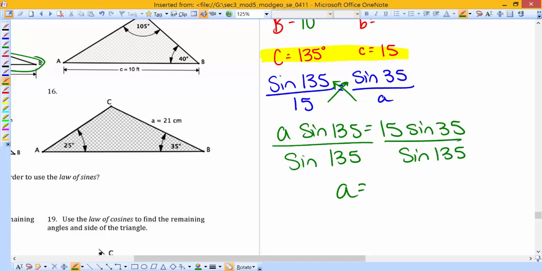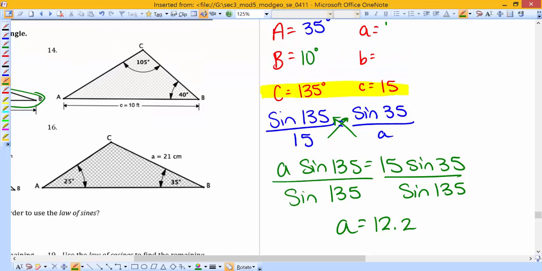So a is going to equal, now you can use your calculator, 15 sine of 35, and I hit equals. Keep that decimal in my calculator, and it's divided by the sine of 135, which gives me 12.2 after I round. So there's my first side.